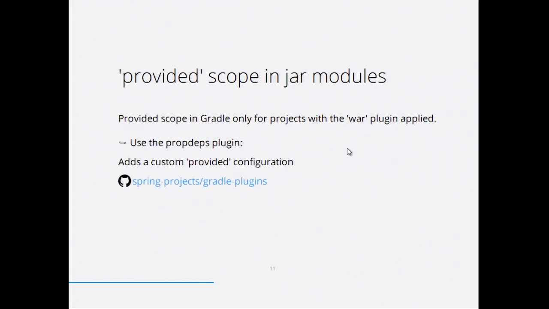It's quite simple, and if you want, I can show you some example later. You only apply their plugin, and after that you can use the provided scope to declare your dependencies.